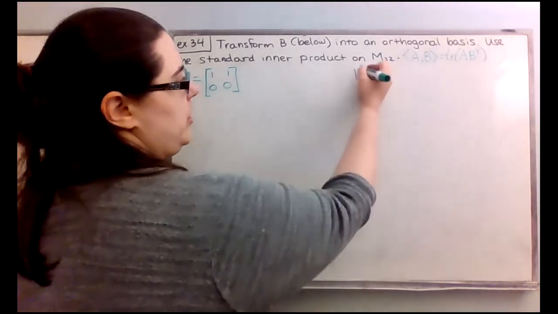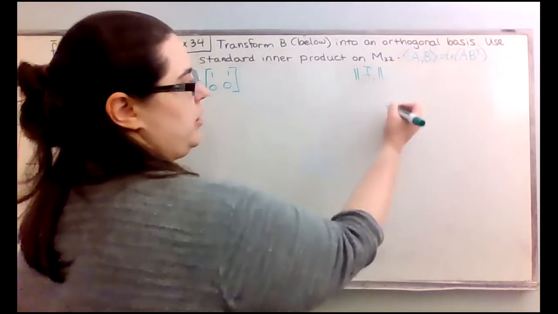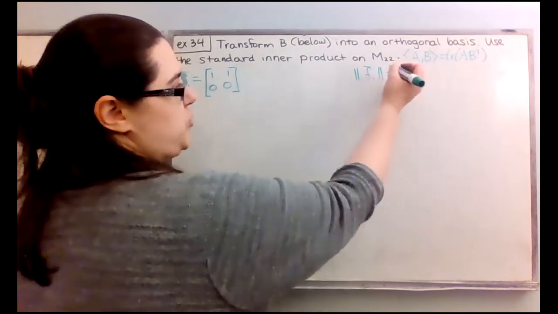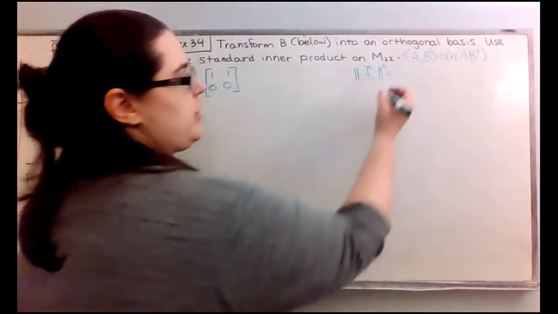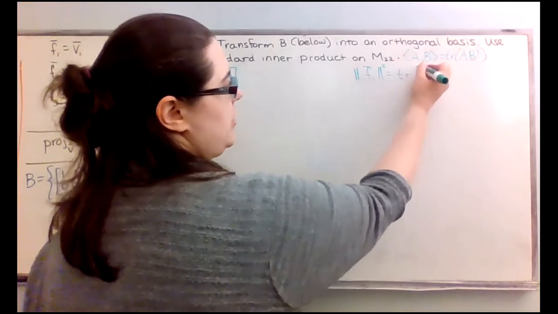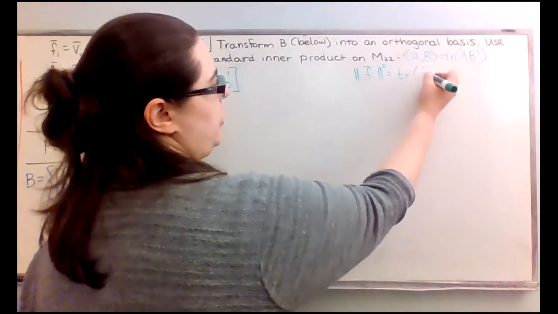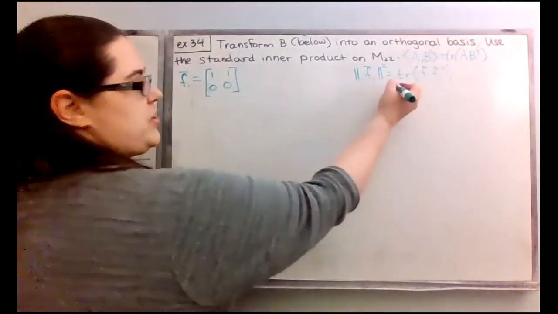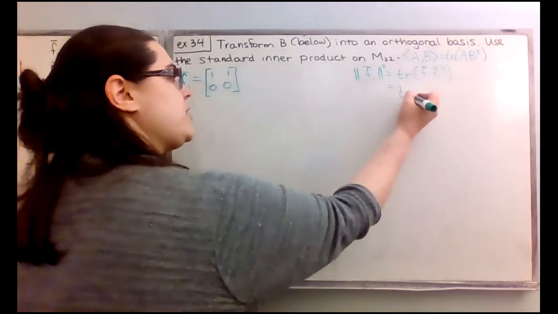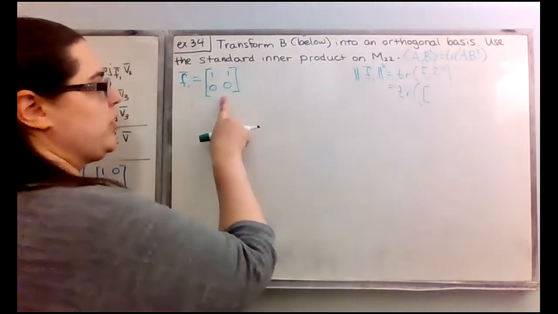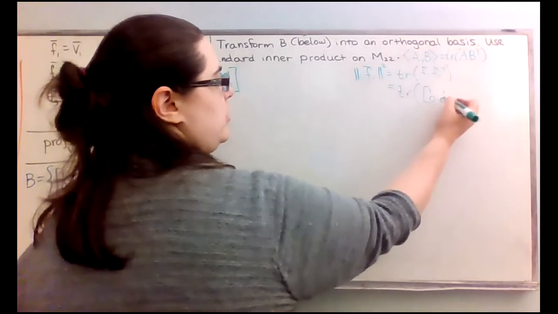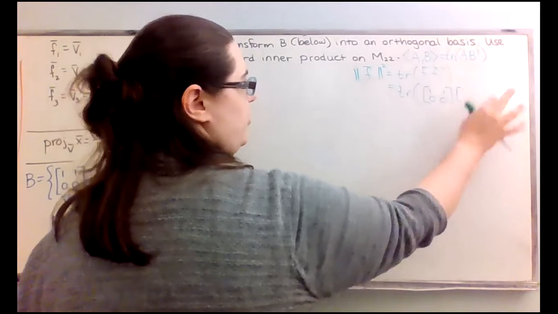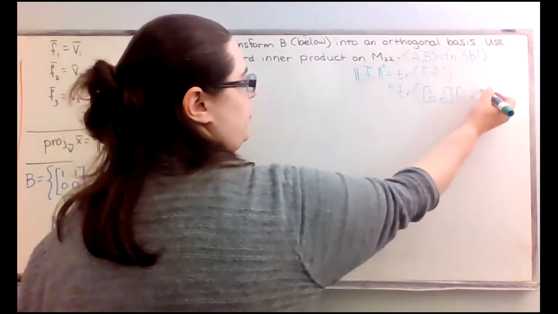So the norm of F1 is going to be, well, we're squaring it, so I'm just going to do the norm squared. This is going to be the trace of F1 times F1 transposed. So this is going to be the trace of 1, 1, 0, 0 times 1, 0, 1, 0, 1, 0.